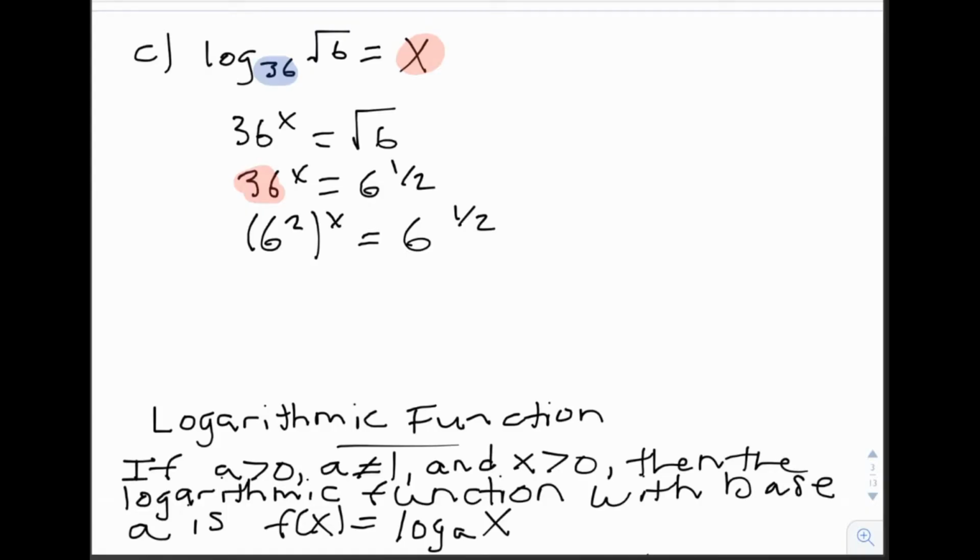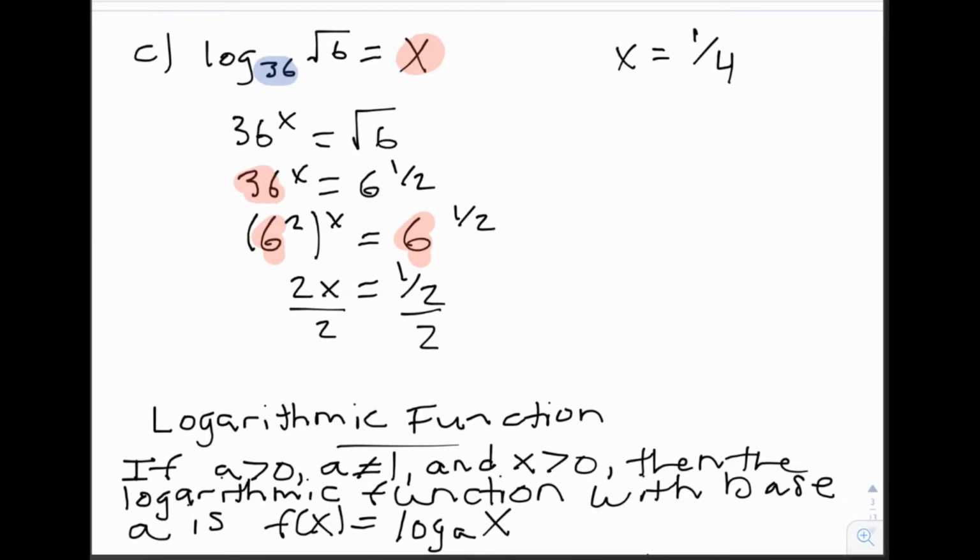So now that we have a 6 and we have a 6, based off of our previous properties in our other chapters, we know that we can set our exponents equal to each other. So that gives me 2x is equal to 1/2. Now let's divide by 2, and we are left with x is equal to positive 1/4.